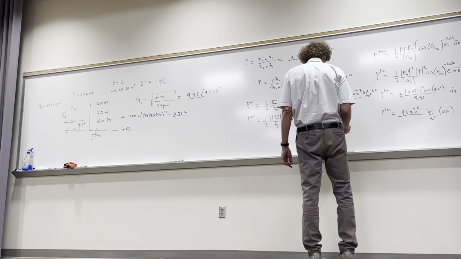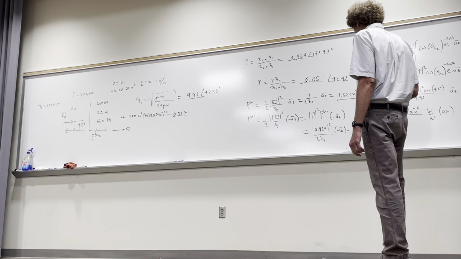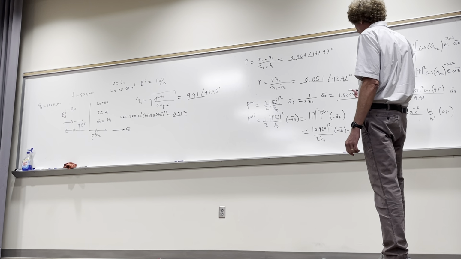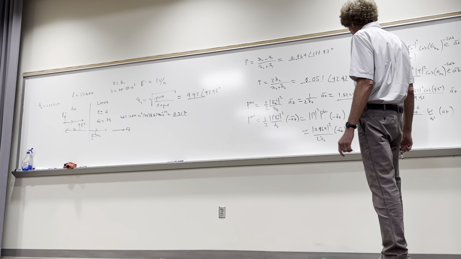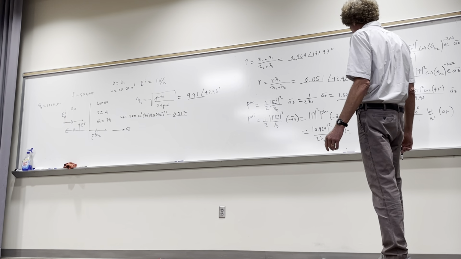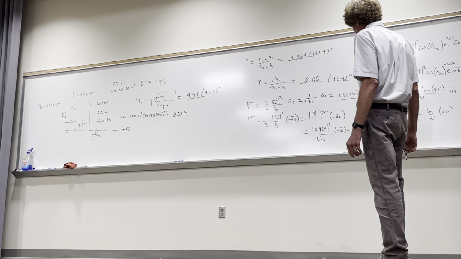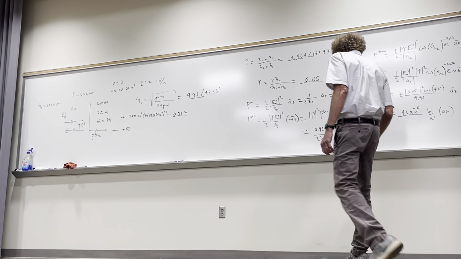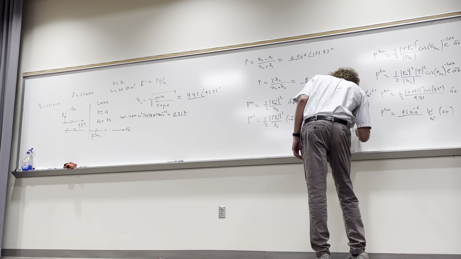And what about the reflected? It's going to be close to that. It's that value times 0.964 squared. 1.2 maybe. 1.233 times 10 to the minus 3.